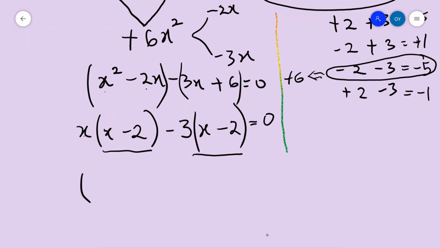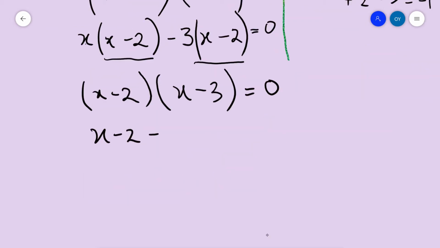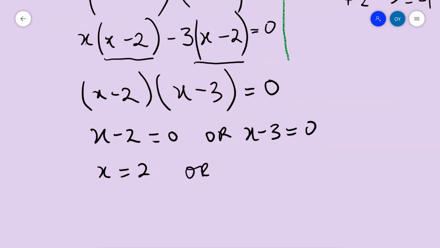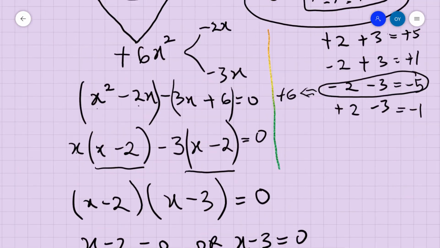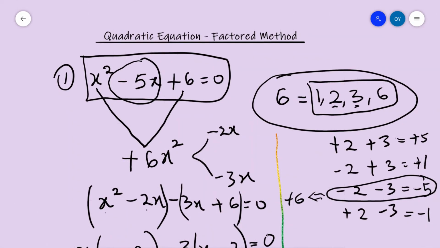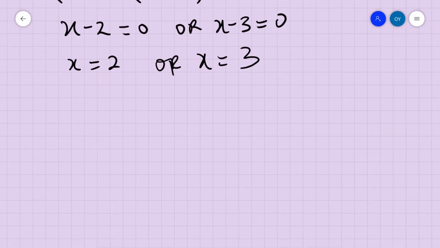So we have x minus 2, then x minus 3 equals 0. x minus 2 equals 0, or x minus 3 equals 0. And here it shows that x equals 2 or x equals 3. Values of x to make this expression equal to 0 are 2 and 3.